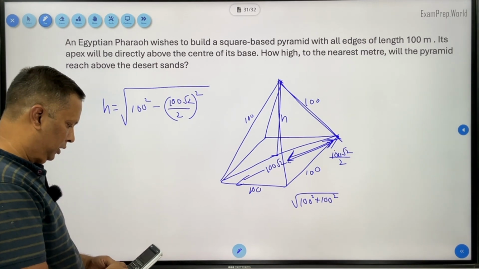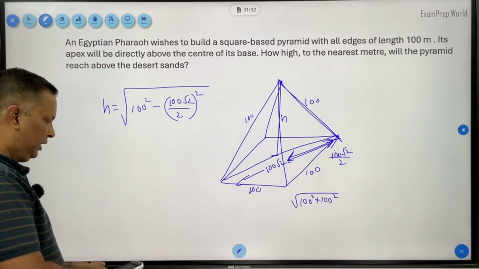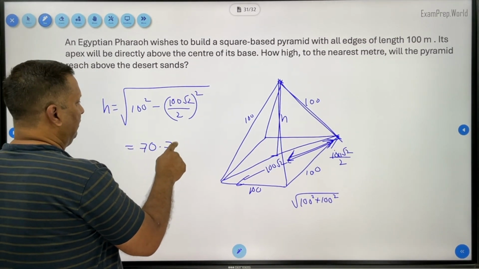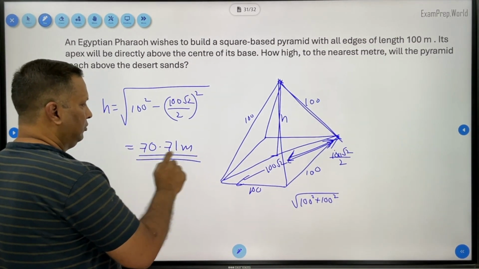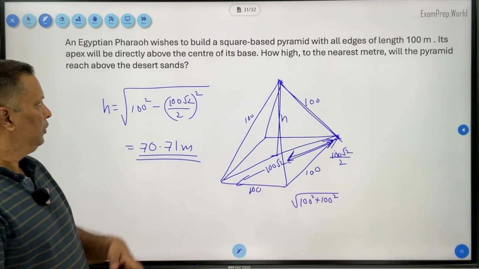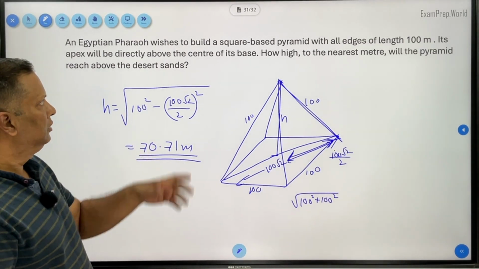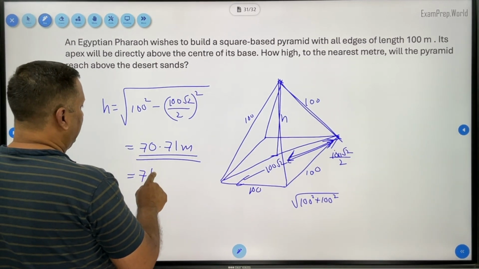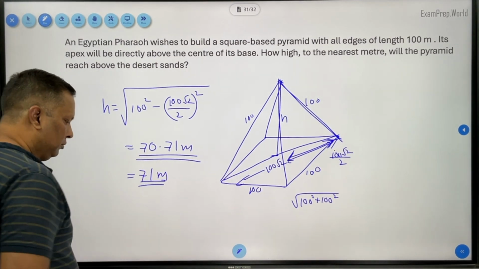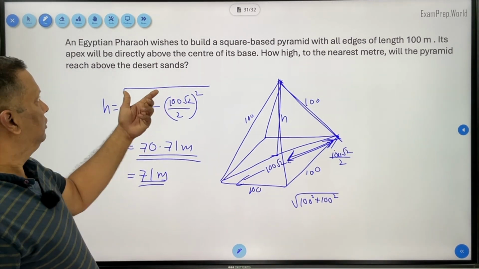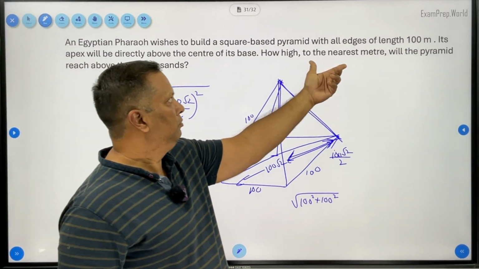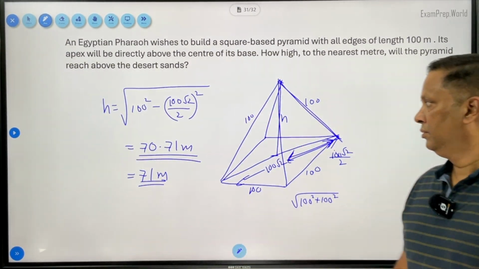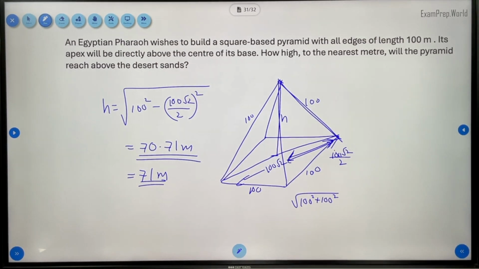Fifty root 2, and that is 70.71 meters. Okay, so we could calculate the height of the pyramid to the nearest meter, so it should be 71 meters. Because you have to read the question: nearest to the meter. So round it up to a meter. So 71 meters will be the height of this pyramid.